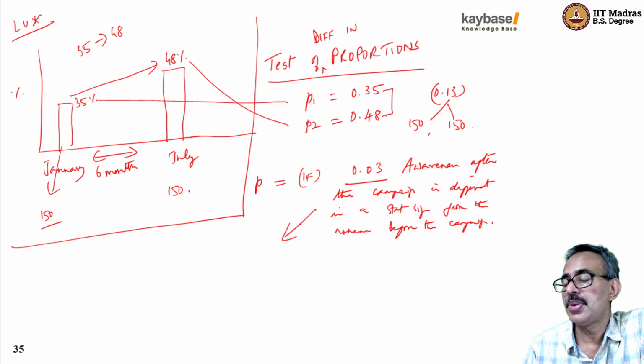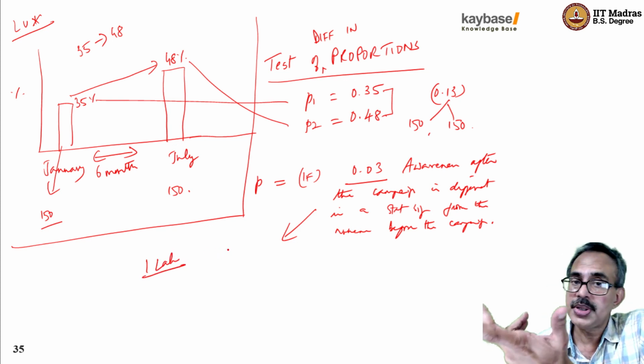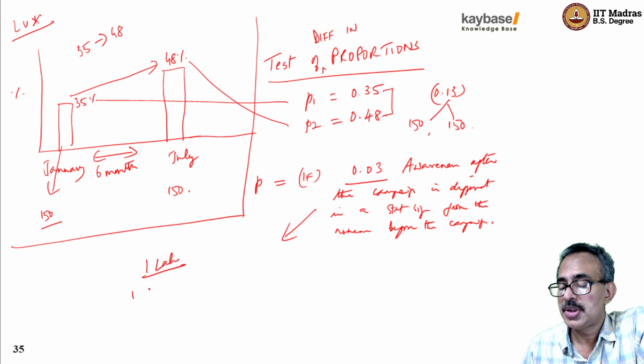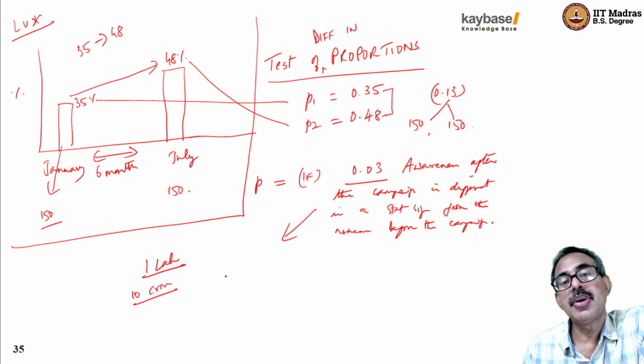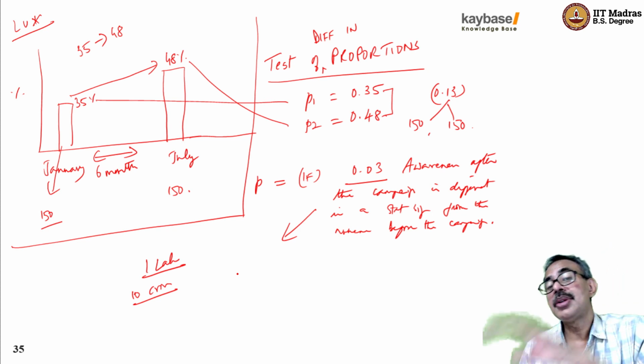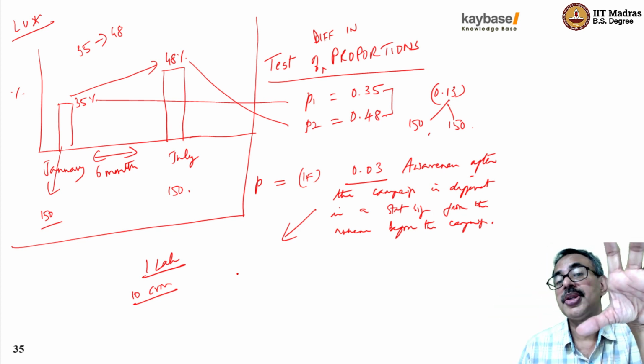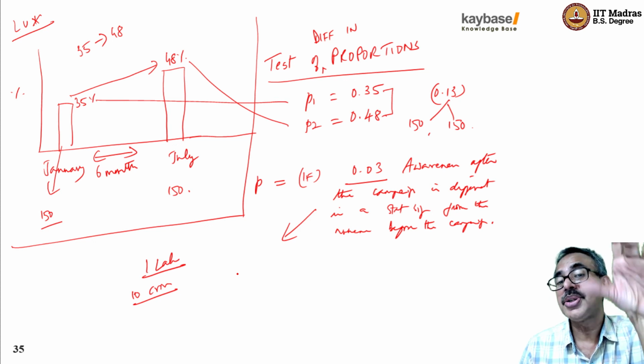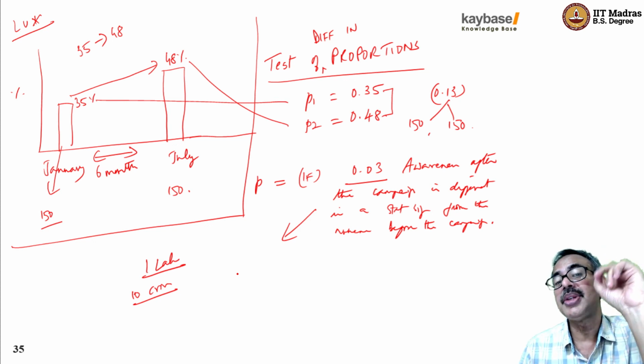Right? Having concluded that, the next question will be, we spent 1 lakh rupees and we got a difference of this much. Fantastic. But we spent 10 crore rupees and we got a difference of this much. Terrible. That's not good enough. So the ultimate decision of a campaign being effective is still a managerial decision.